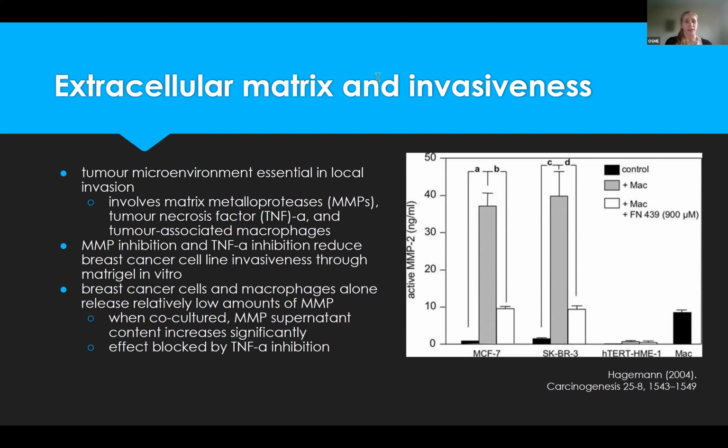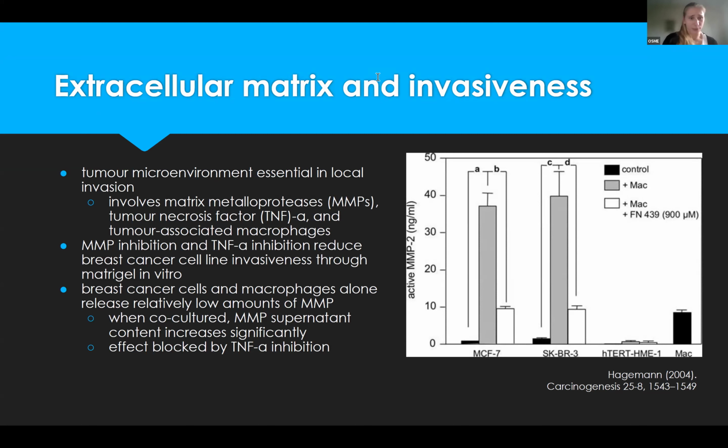So it's been investigated quite extensively what actually forms the microenvironment of the tumors now. And it's known that some of the components are matrix metalloproteases, so-called MMPs. Then the tumor necrosis factor alpha, which is one of the cytokines, and also some macrophages.